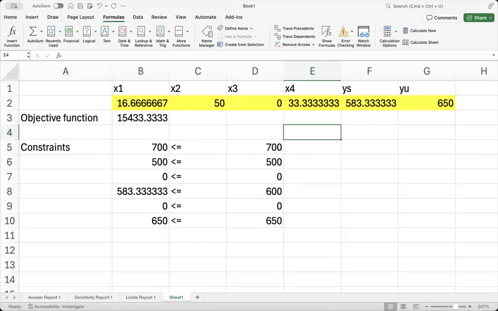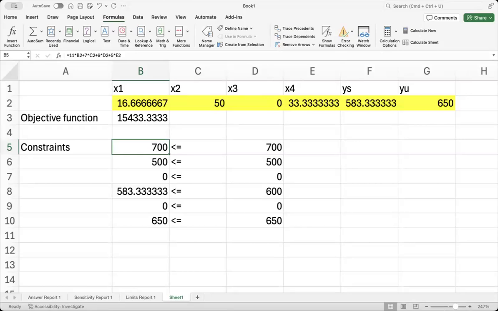No, you have to write this again, 300 something, right? 300 times. Because the solver will not change your formula.